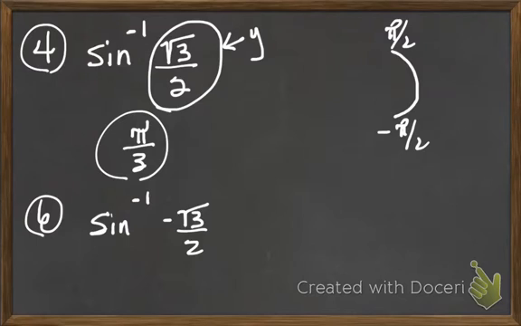Negative what? Negative pi over 3, because you're rotating down here to the fourth quadrant. So you've got to be careful when you see that -1, that's inverse sine. It's not sine. It means what angle has a sine value of.